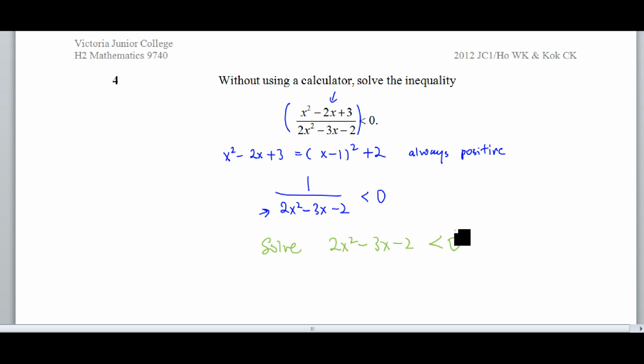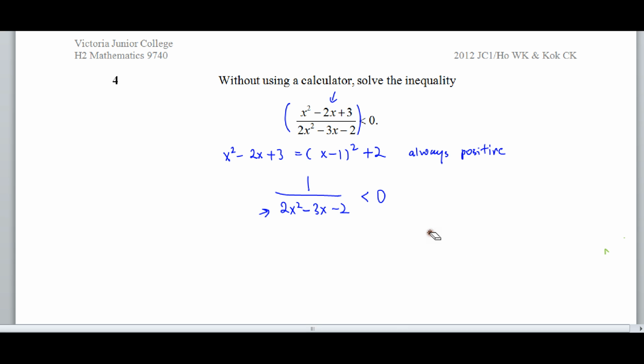Now can you all imagine if I try and put the equality sign in, these two will not be the same anymore. Correct? Because if I put the equality sign in, then this algebraic expression cannot be 0.